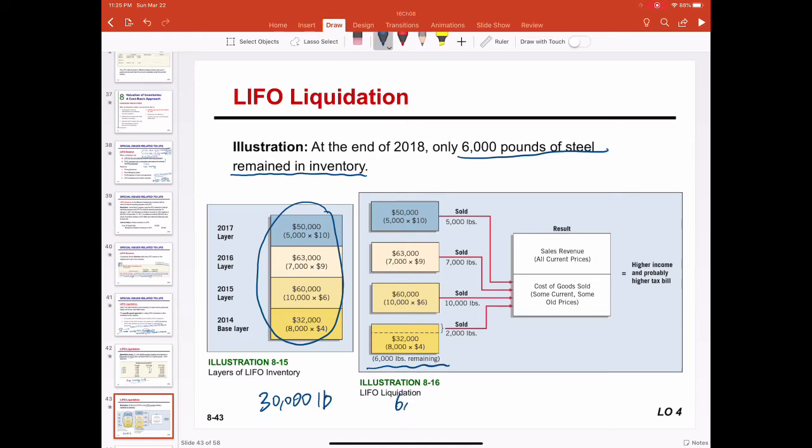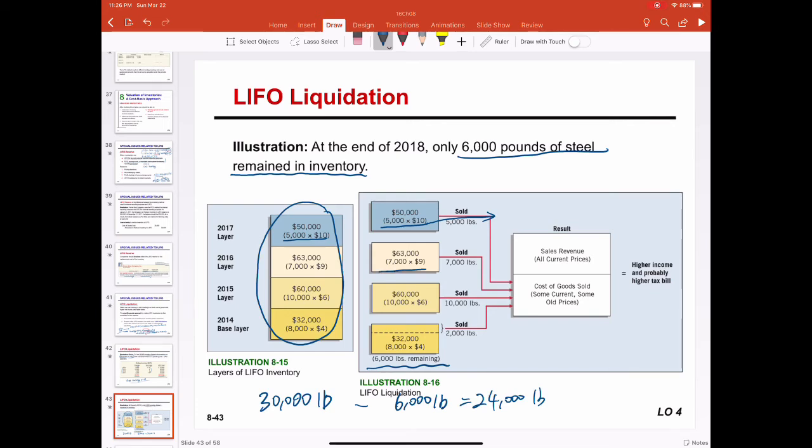By the end of 2018, only 6,000 pounds left. So in this year, 24,000 pounds were sold. Because the firm used LIFO for external reporting, this layer is last in, so it is first out. So this will become part of cost of goods sold. 5,000 is not enough.